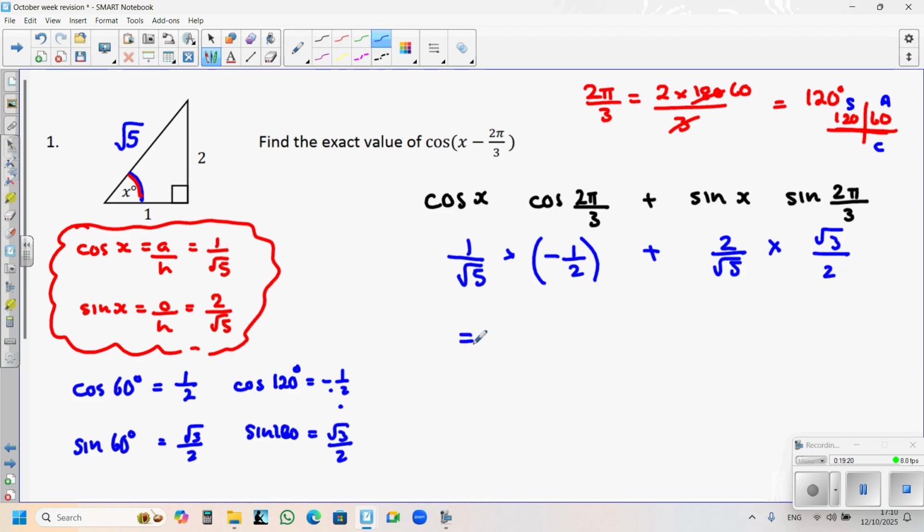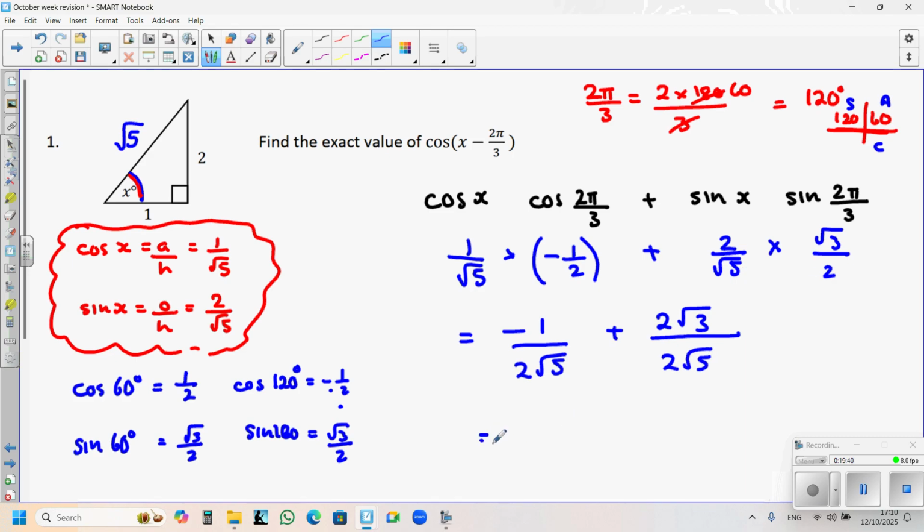Right, so multiply straight across the top, straight across the bottom. So 1 times minus 1 is minus 1. Root 5 times 2 is 2 root 5s. And do the same here. 2 times root 3 is 2 root 3 divided by root 5 times 2 is 2 root 5s.